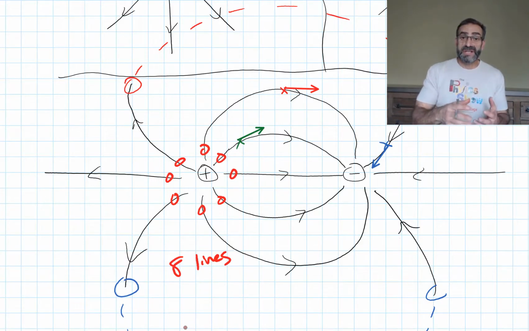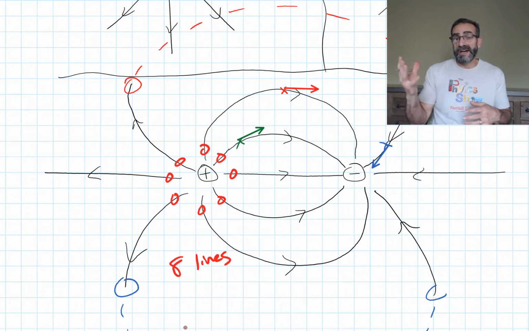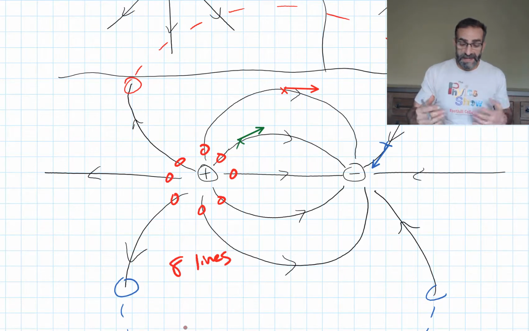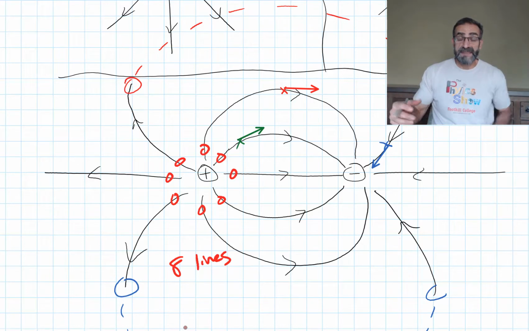So the charge has to be proportional to 8. Who knows what it is? Maybe it's 1 microcoulomb, maybe it's 100 microcoulombs, maybe it's something else. But that charge is going to be proportional to 8 lines coming out of it. Now, any other charge that we see that has 8 lines is going to be the same magnitude of charge.